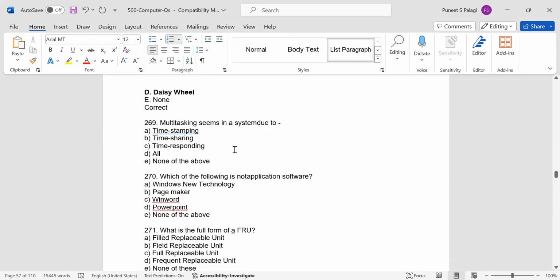Multitasking seems possible in a system due to time stamping, time sharing, time responding, or all? Multitasking seems possible in a system due to time sharing.